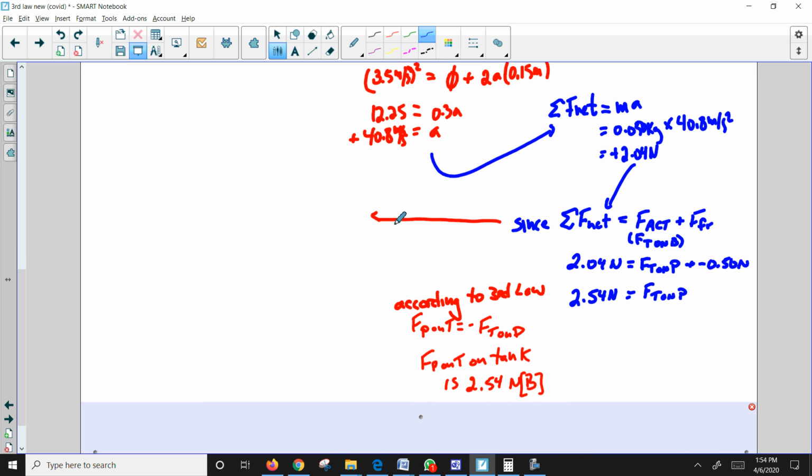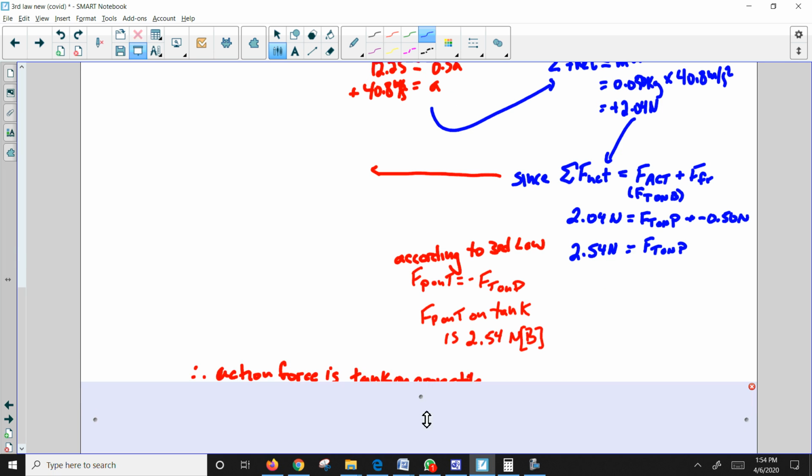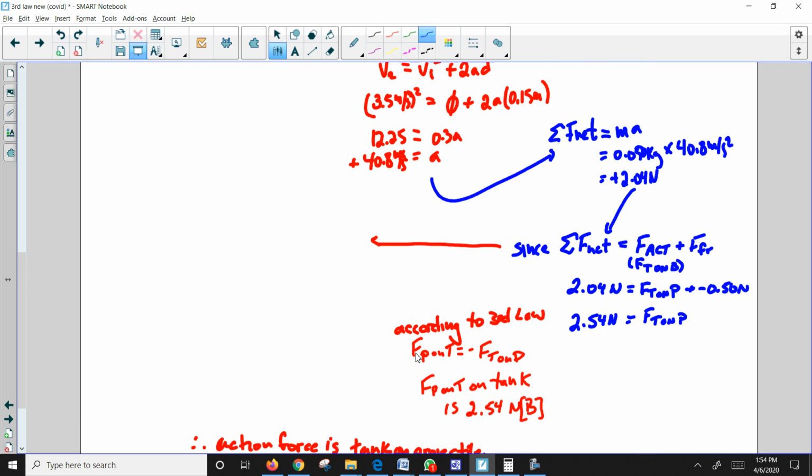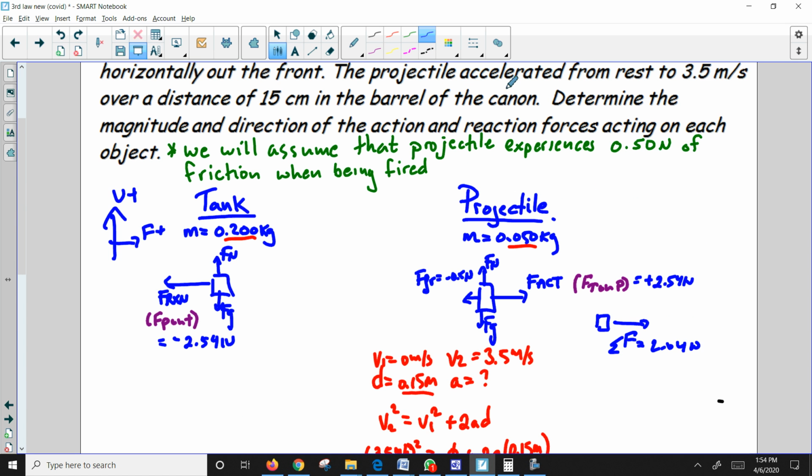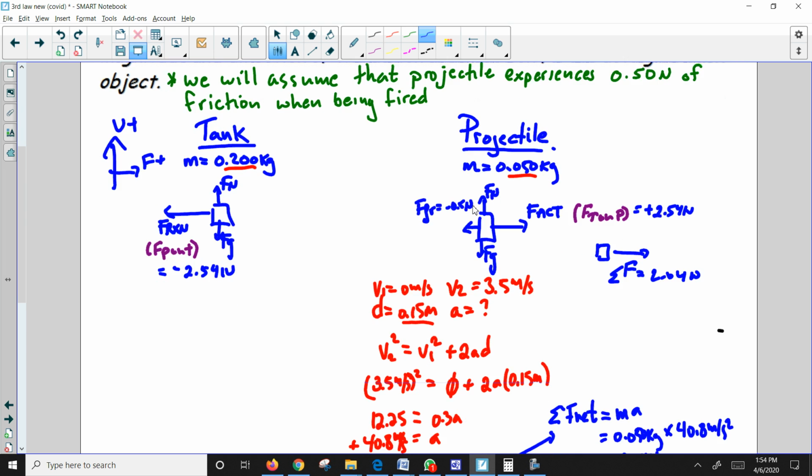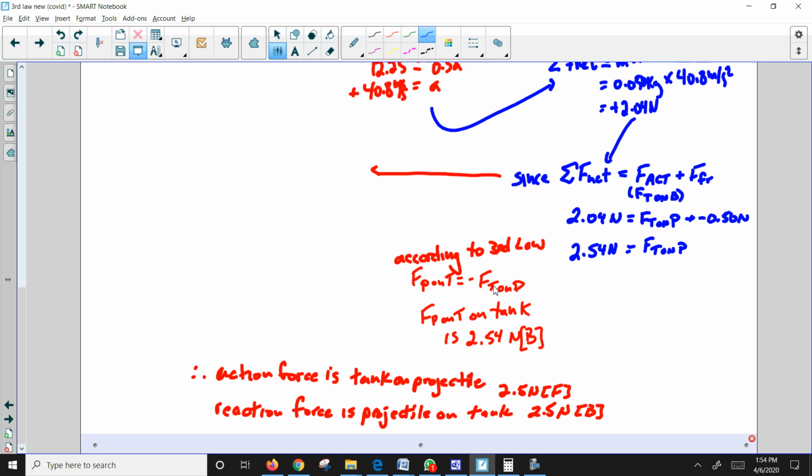That's exactly what we have up here. And then you have a little therefore statement at the end. Remember, the question was asking us up here, determine the magnitude, the size and direction of the action-reaction forces. So, little therefore statement with two significant digits. The action force is the tank on the projectile of 2.5 newtons forward, and the reaction force is the projectile acting on the tank, 2.5 newtons backwards.